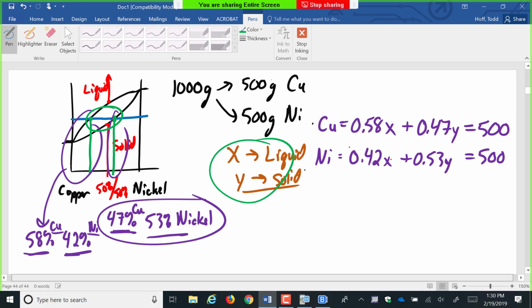Trying to figure out what to multiply one of those by is going to be a nightmare because they're ugly decimals. But what I can do, rather than multiplying the whole equation, is divide it.